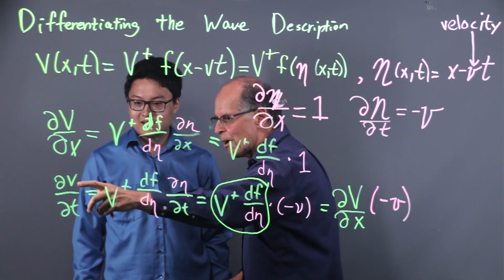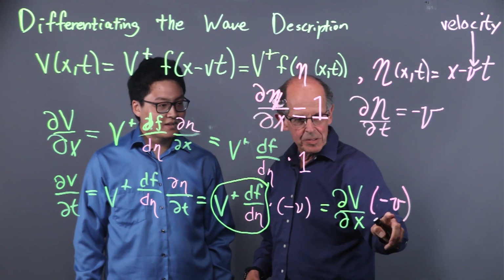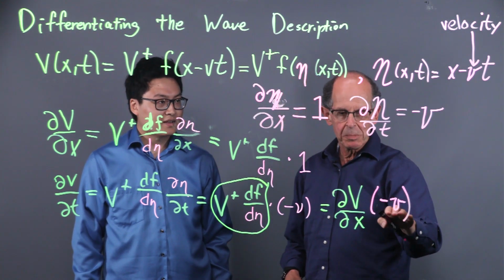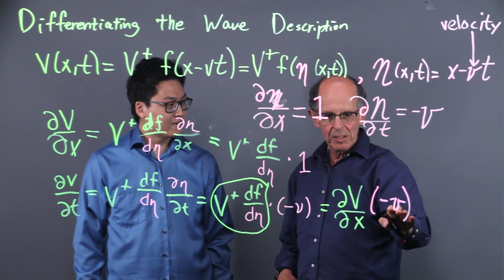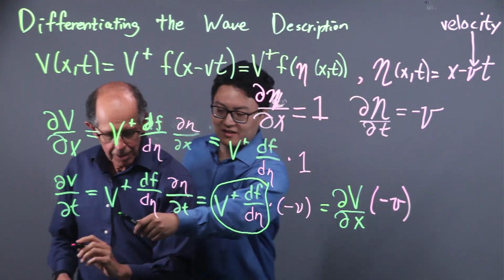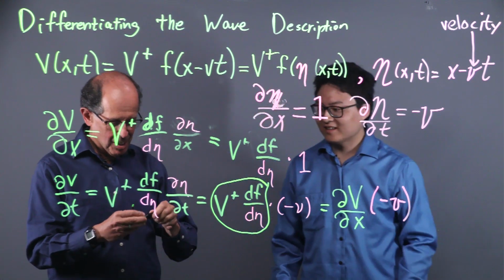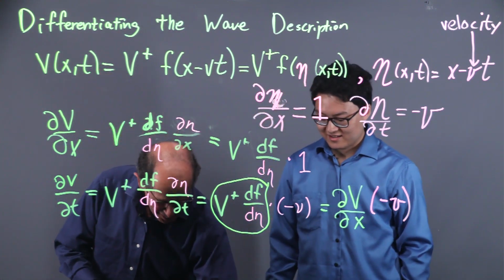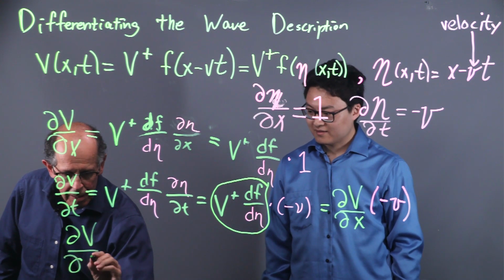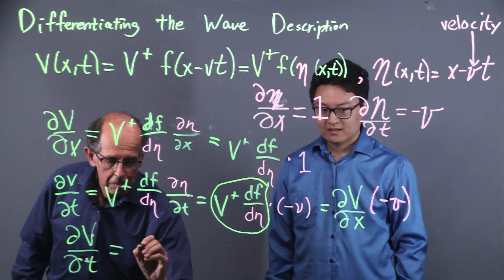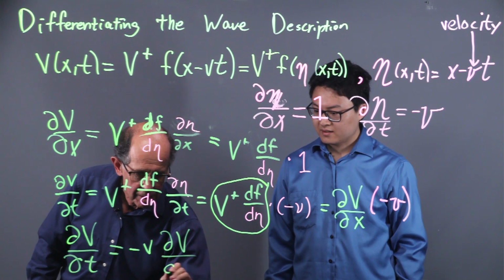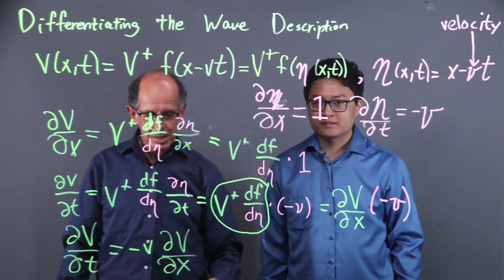So there's our equation. dv dt partial is equal to this. Now, minus v is in pink because it came from eta, but we're going to write the final result in green below. dv dt is equal to minus v dv dx, which we can rearrange.